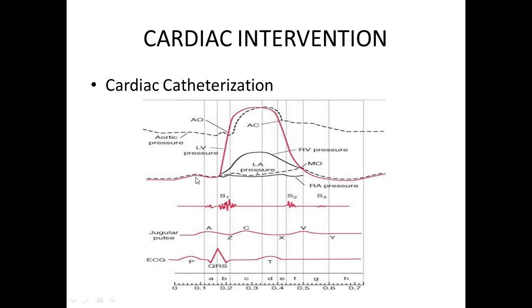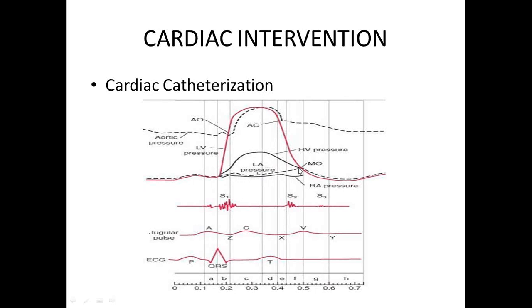And you also can look at the pressure in the left atrium. The left atrium pressure is going to be relatively low. When you have ventricular systole, you have blood flowing into the left atrium because the mitral valve is closed. So all throughout systole, you're going to have a certain amount of pressure, and then when the mitral valve opens, you will have the left atrium contracting.